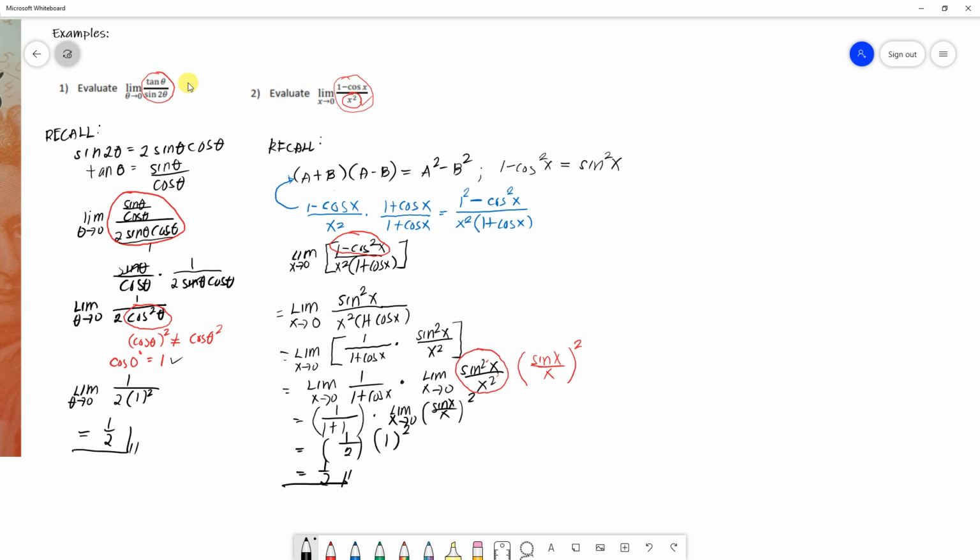Yung iba namang special limits din, pero not as special as theorem number 9. Yun yung mga infinite na. Yung paano kung yung limit mo ay walang katapusan? Or paano kung yung limit mo ay 0 pero hindi theorem number 9? So, meron pa yata tayong dalawang topics. Tapos, examples. After nun, magbibigay na ako ng first assignment ninyo.